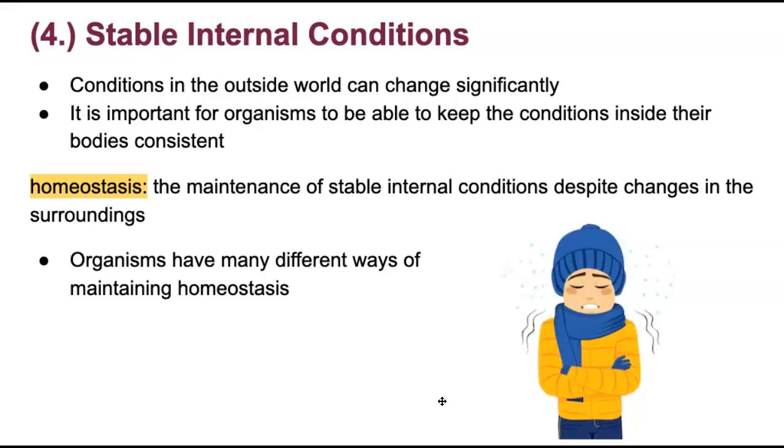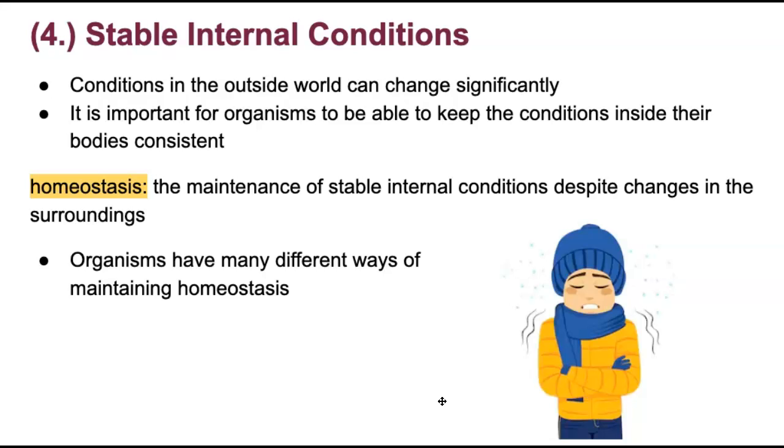And then lastly, we see the need for stable internal conditions. So the outside world is always changing, right? It changes in terms of temperature, it changes in terms of precipitation, it changes in terms of the amount of stress it's putting on us. And so it's important for our bodies to be able to maintain stable conditions on the inside, despite all those changes happening on the outside. We call this process, this amazing ability of the body to stay stable on the inside, homeostasis.